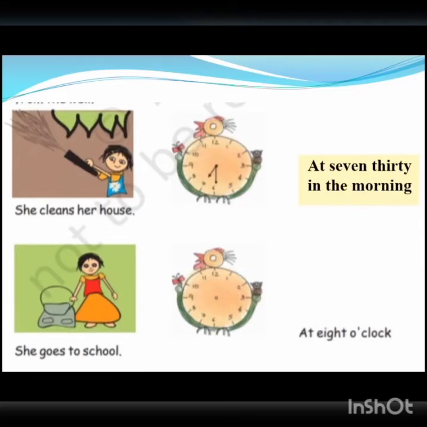The next one, she goes to school at 8 o'clock. Yes. In order to represent 8 o'clock on the clock, we will draw our hour hand on 8 like this and the minute hand on 12 like this.